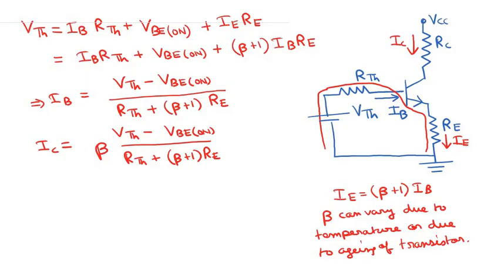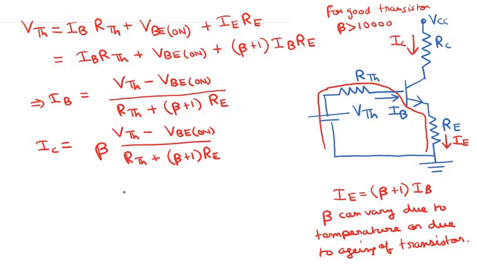We know that typically beta is very large, and for good transistors beta can be of the order of 10,000 or greater.